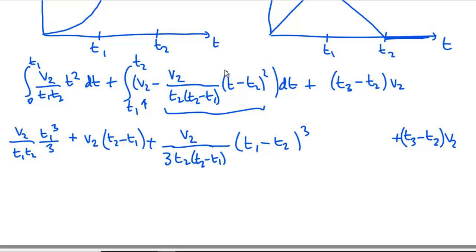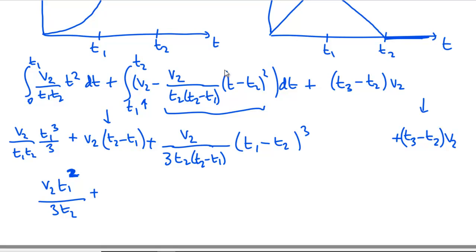Oh, I suppose actually we got an easy win off of the second term and the last term because the v2 t2s are cancelling. So we've got v2 t1 cubed. Oh no, the t1 is going to cancel at the bottom. So v2 t1 squared over 3t2. That's our first term.